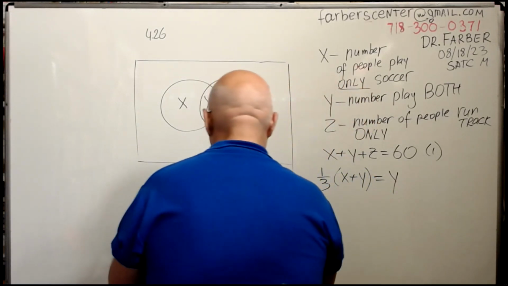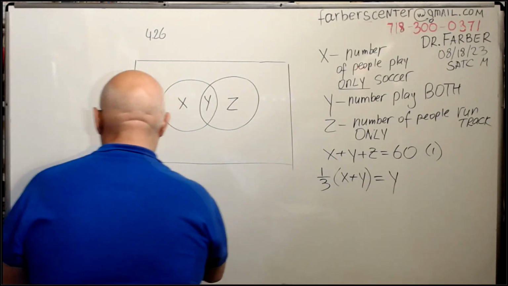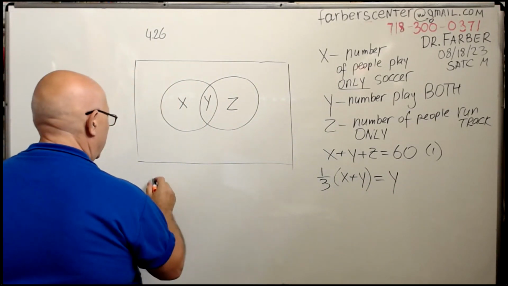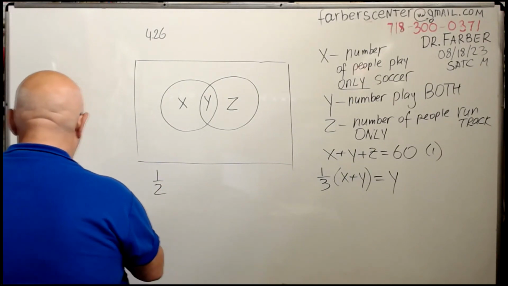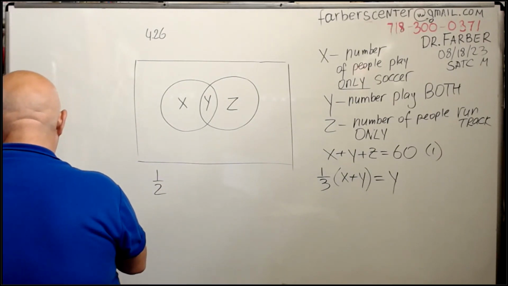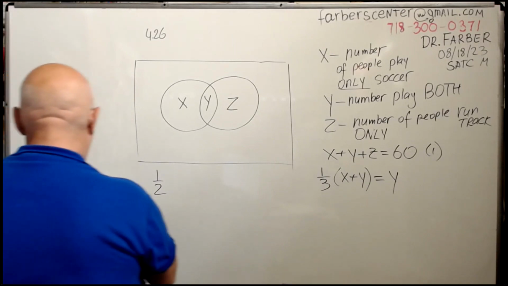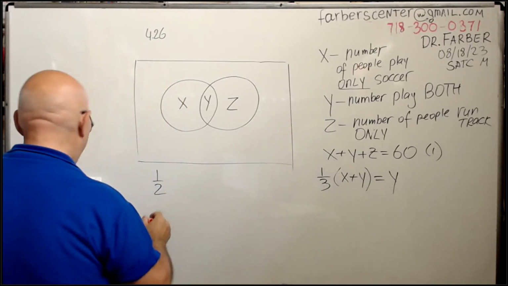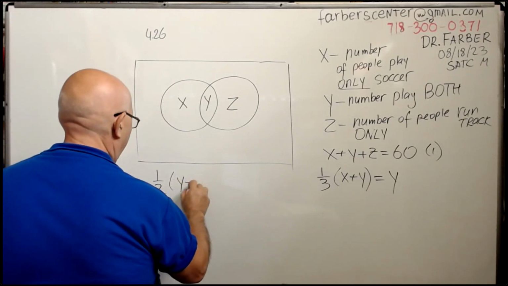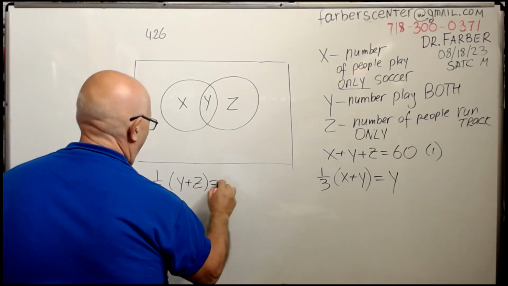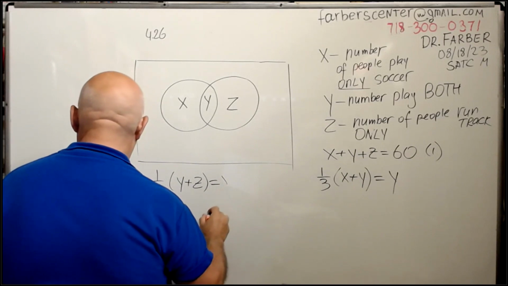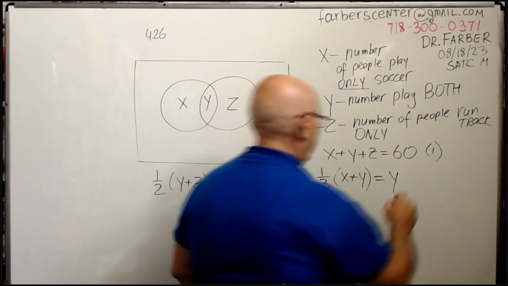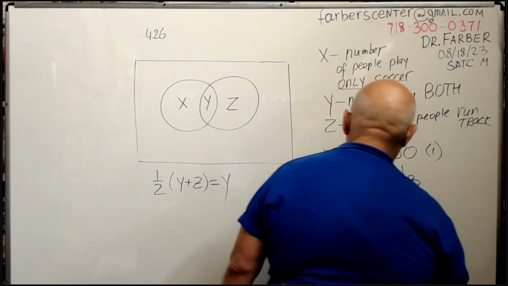In addition, they said 1/2, I will use the space. They said 1/2 of Y plus Z also equals Y. Let me get rid of the denominators of these fractions.